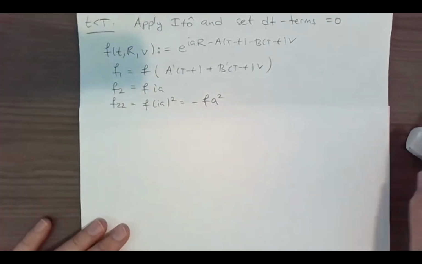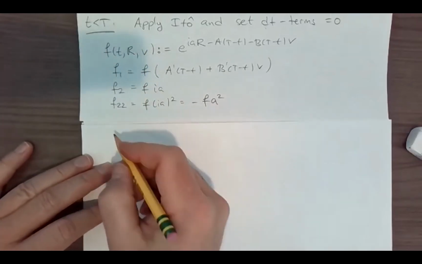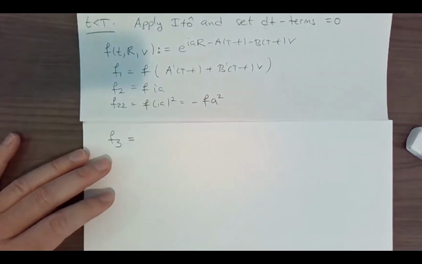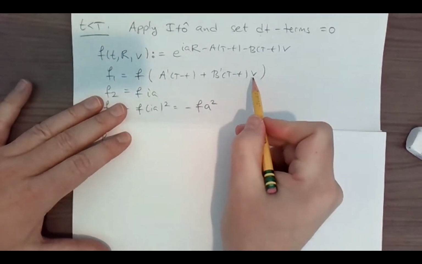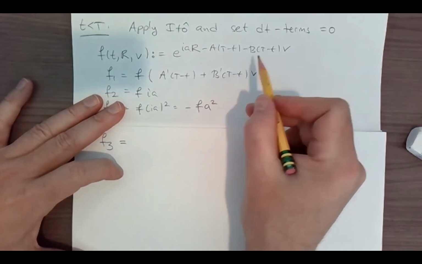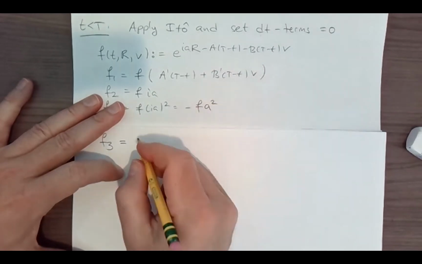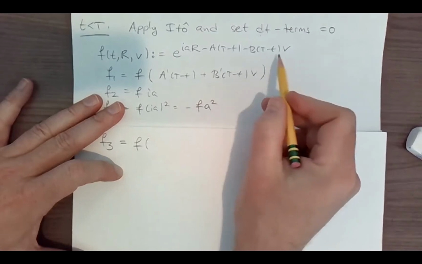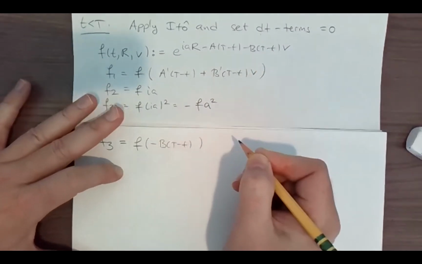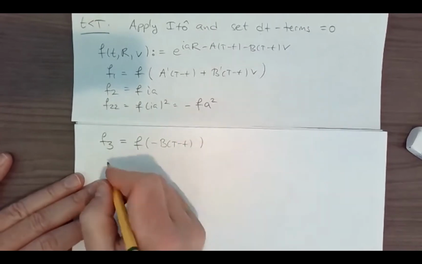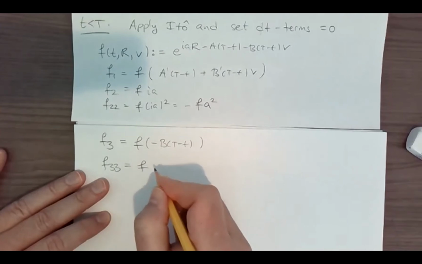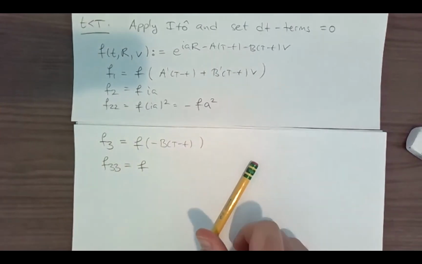Then I need derivatives with respect to v. So this is f3. I need to look for a v. There's a v over here. There's a v over here. So I'll get f again times minus b. Then I'll do f33. This will read as f times b squared.